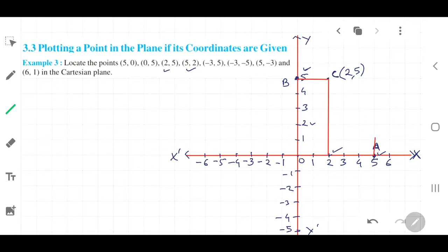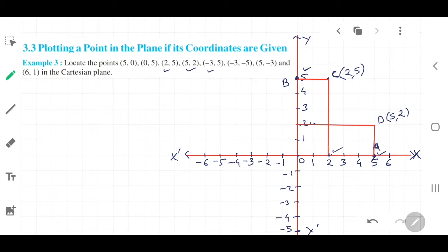So 5, it will come till here, correct? And from 2 you join it till here. And you can name it as point D. So you write here the value of x first, that is 5, and the value of y, that is 2.